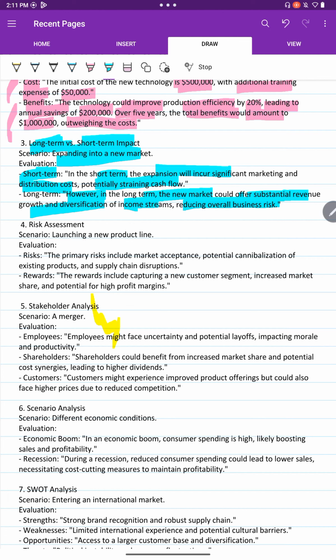Okay. And in the fourth one, the risk assessment. We can also assess the risk. So we have the scenario of launching a new product line. What would be its evaluation? The primary risks include market acceptance, potential cannibalization of existing products, and supply chain disruptions.